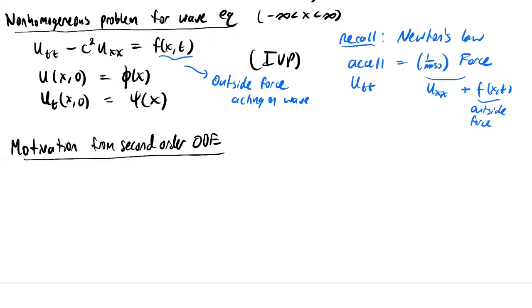Okay, and so in order to understand this problem, let's first look at a particular second order ordinary differential equation. In this case, it helps to look at the equation where I take the second derivative with respect to t of u of t plus a squared times u of t is equal to f of t.